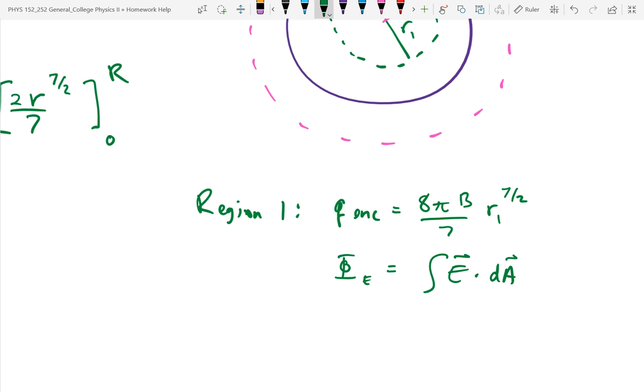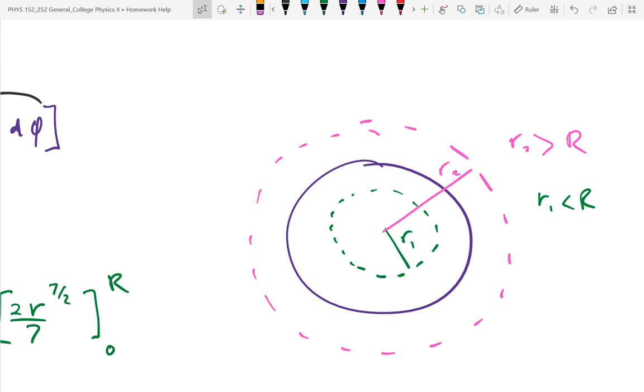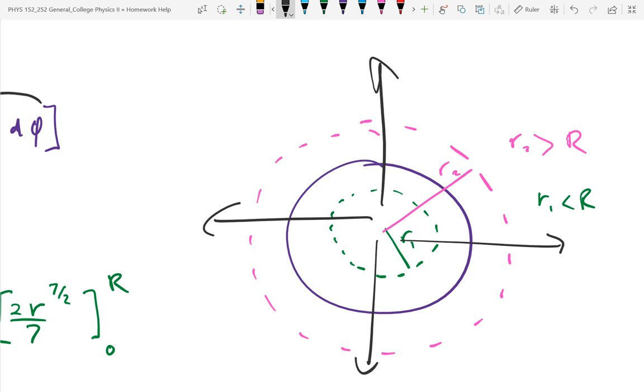To make sure that is clear, the electric field lines can only be going in or out. Because this is a positive charge, the electric field lines have to be going like this. Right, electric field lines are radial.